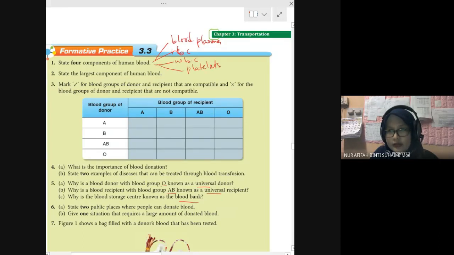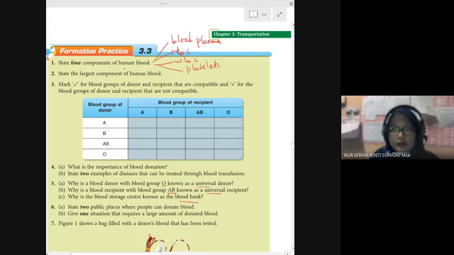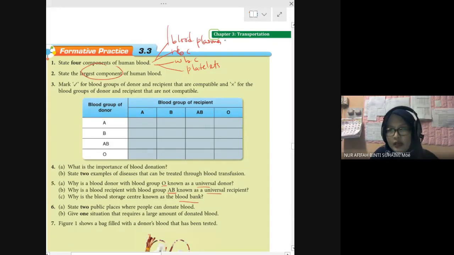Then the largest component of human blood, which one? The largest component is blood plasma, 55%. Red blood cell only 45%, and the rest is less than 1%. So the largest component of human blood is blood plasma because it is 90% water.